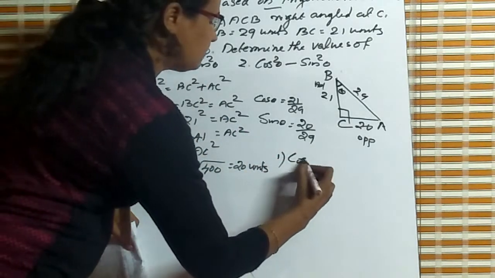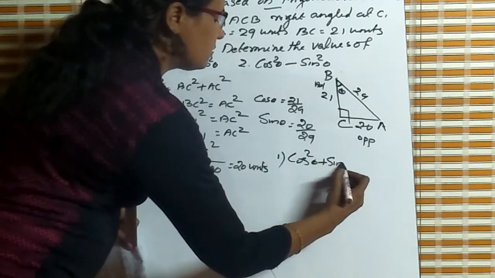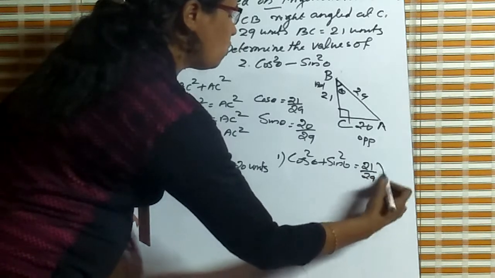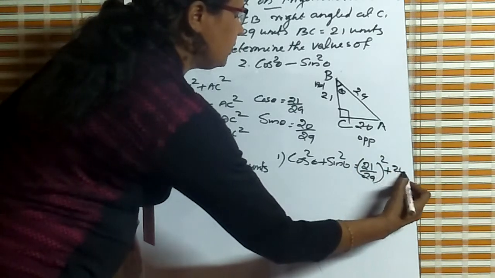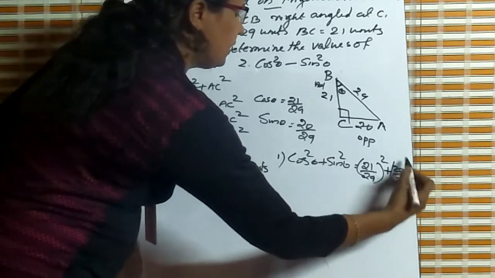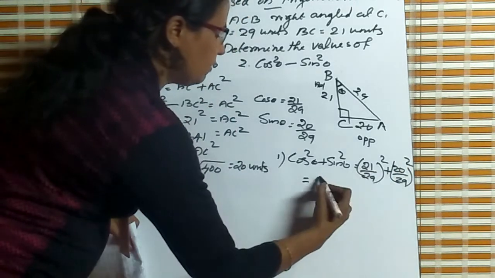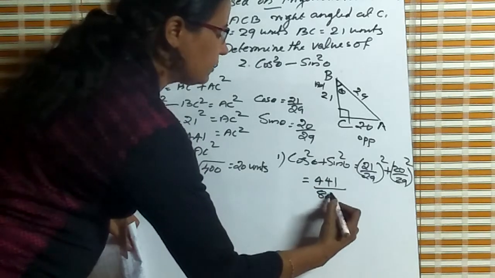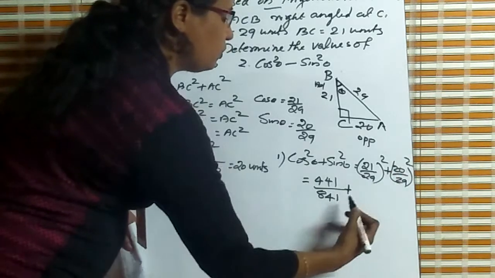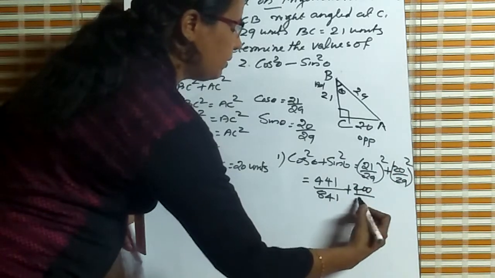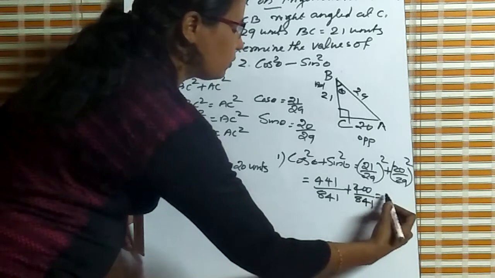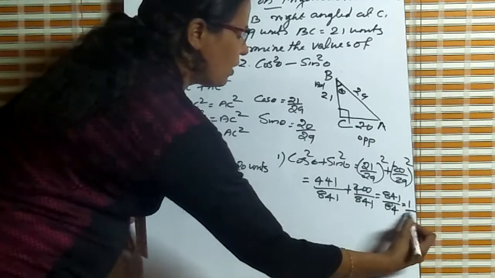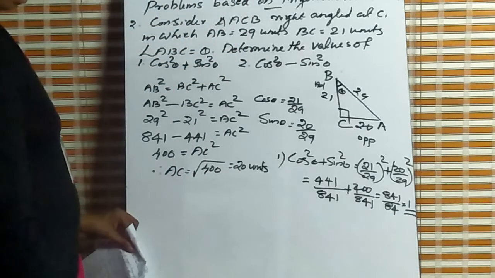Cos square theta plus sin square theta equals 21 by 29 the whole square plus 20 by 29 the whole square, equals 441 divided by 841 plus 400 divided by 841, equals 841 divided by 841, which is equal to 1.